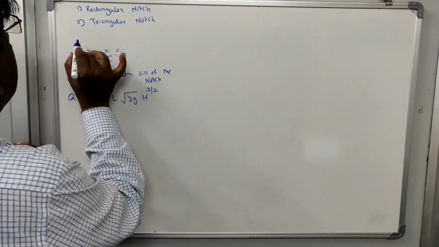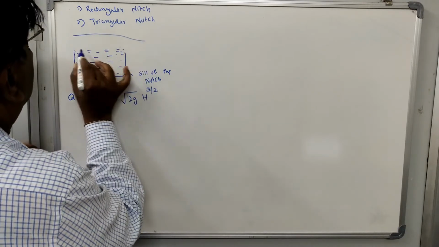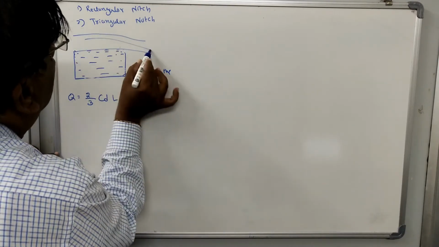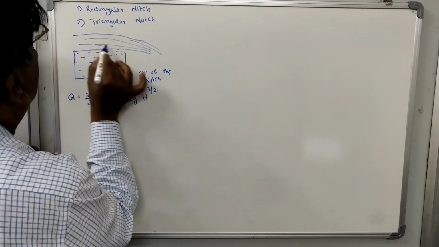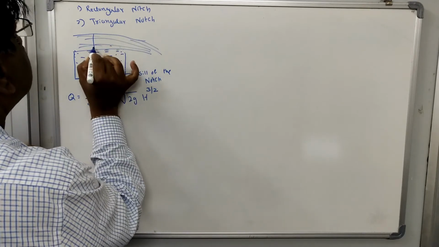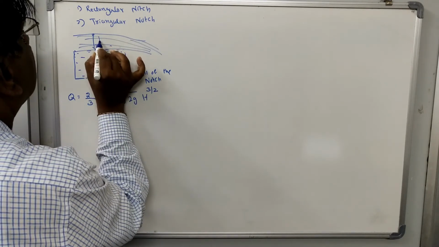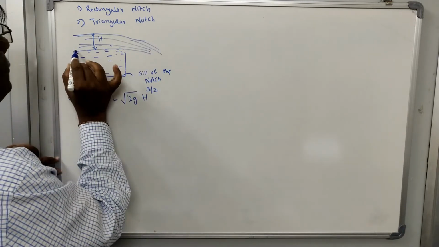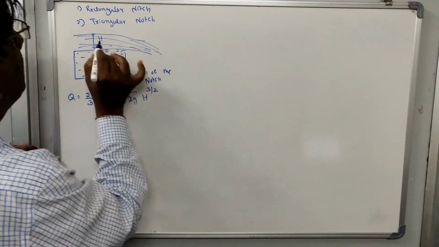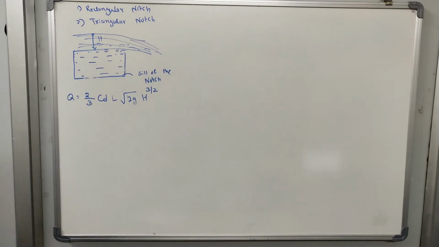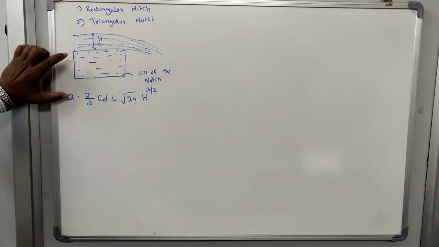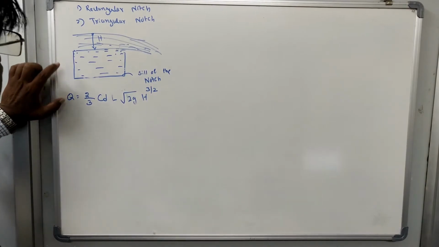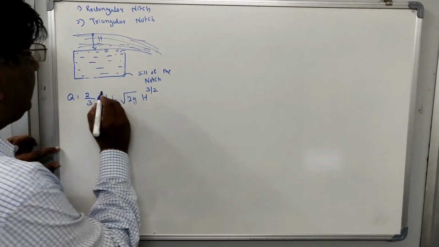Okay, this is the capital H we have taken. Suppose this is the sill, so this is the rectangular notch. Then the discharge equation is Q is equal to 2/3 CD L root 2G H raised to 3/2.